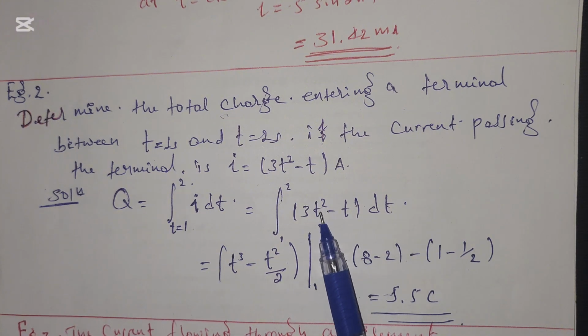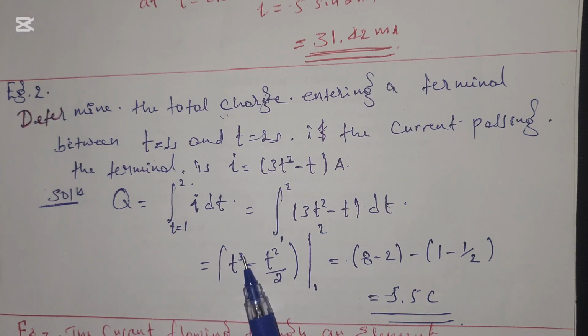The integration gives t cubed, since 3 over 3 cancels, minus t squared over 2. Inserting the time, we get 5.5 coulomb.